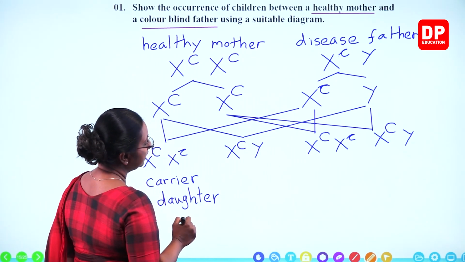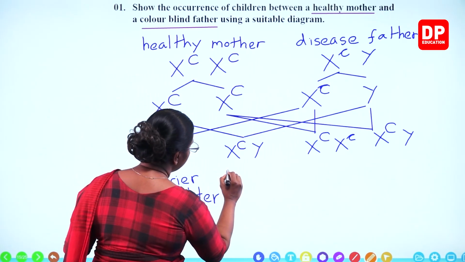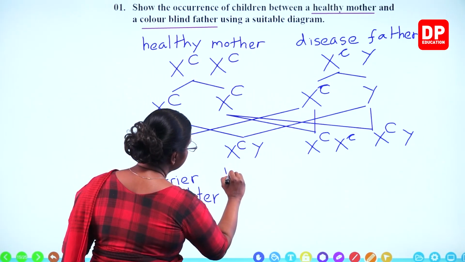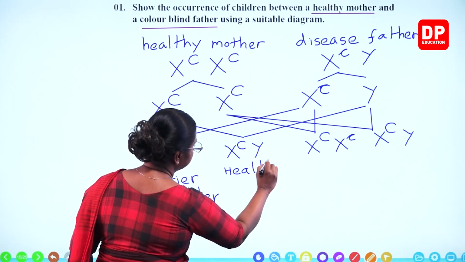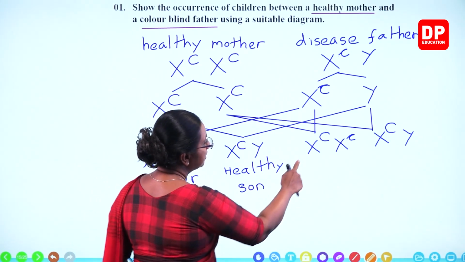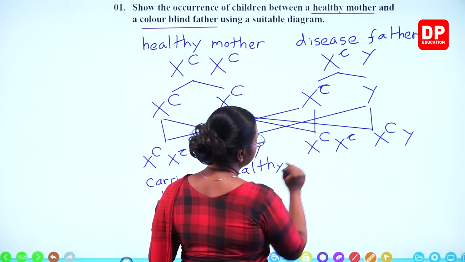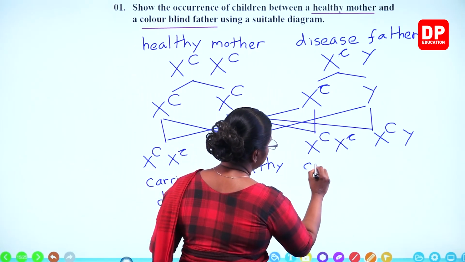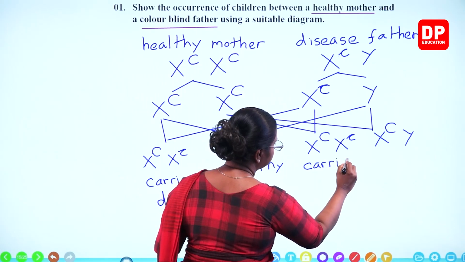Capital C in X and Y, so that is a healthy son. Healthy son. Here again X and X, daughter, capital C simple C, carrier daughter.